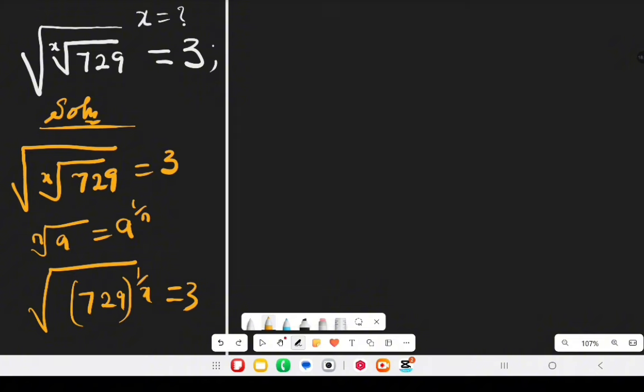Then we move further, we are going to have root of 729 raised to the power of 1 over x equal to 3.